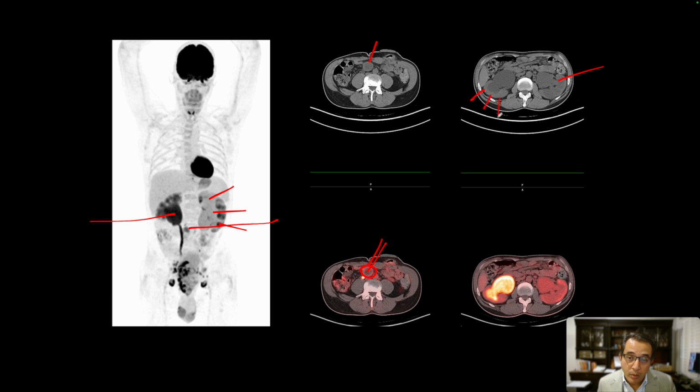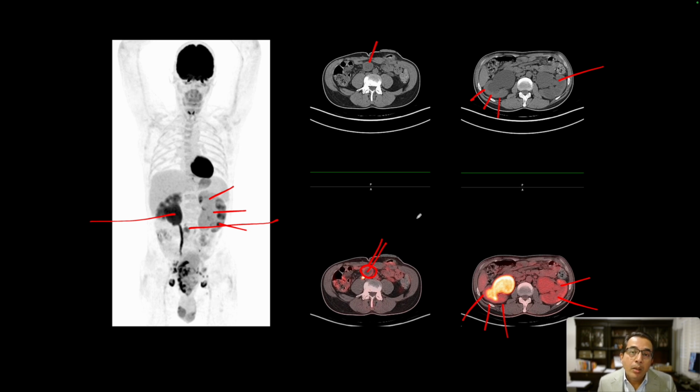We see some cortex is still remaining, and based on what we see on the PET images, we can say the same thing, that there is more chronic hydronephrosis on the left side, which is hardly excreting FDG into the urine compared to the right side where there is preserved cortical thickness and some excretion of FDG into the collecting system in the ureter.